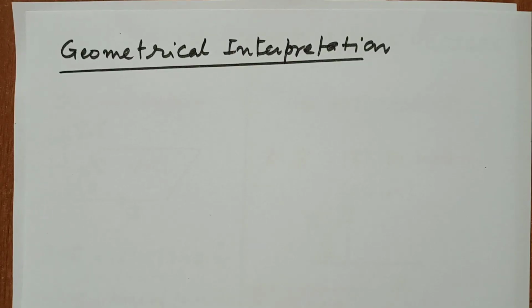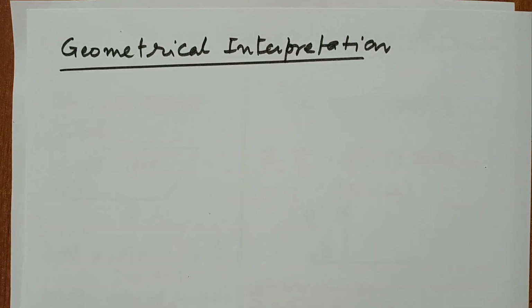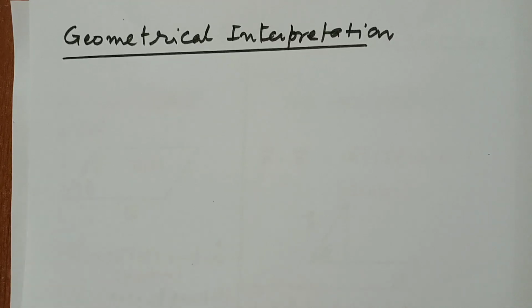Now the geometrical interpretation of the scalar triple product. First we will explain for two vectors.